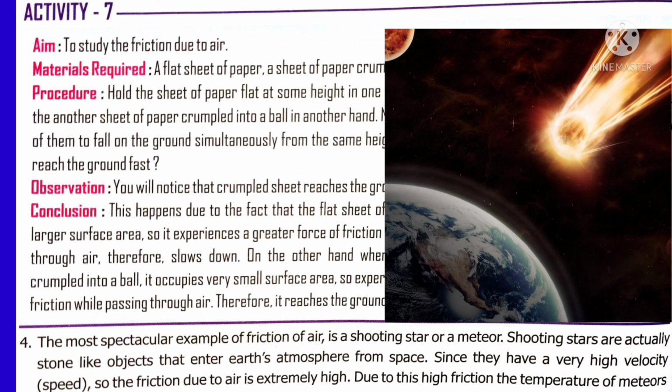Thus, the heat generated due to the friction of air is so large that they usually evaporate before reaching the surface of the earth. If these meteoroids are very large in size, then they could reach the earth's surface. These are known as meteorites.